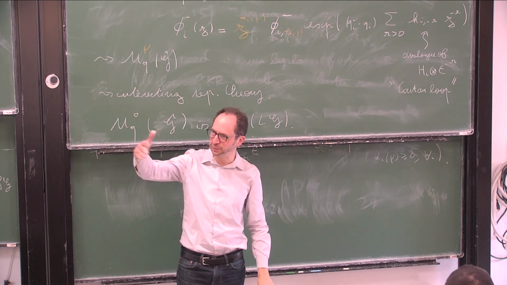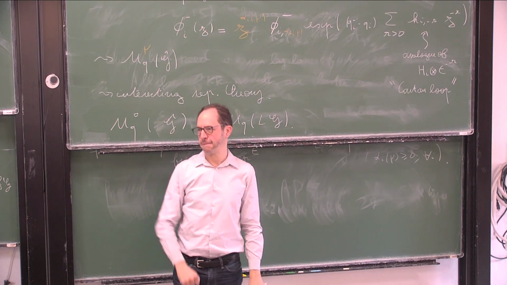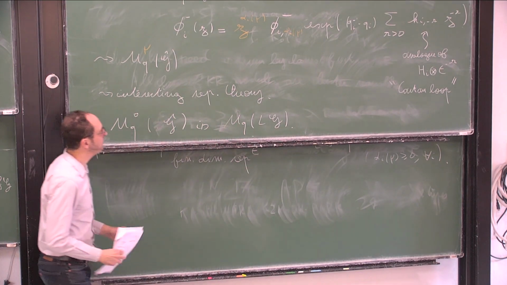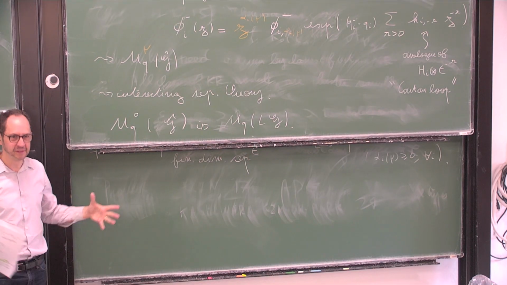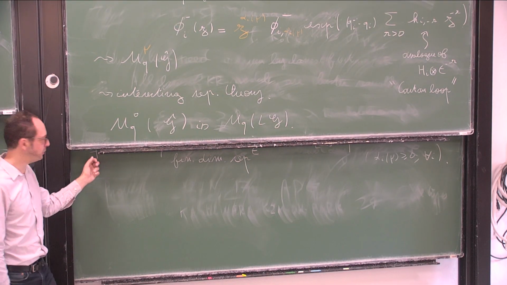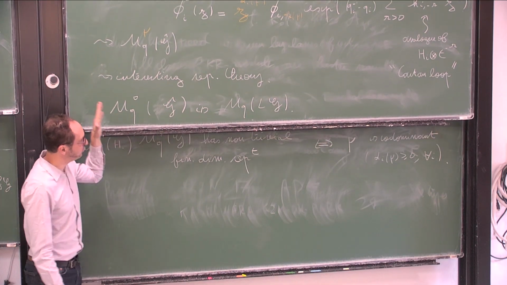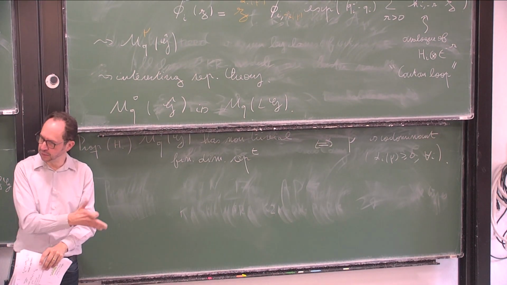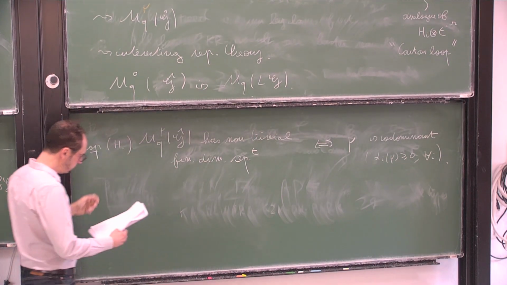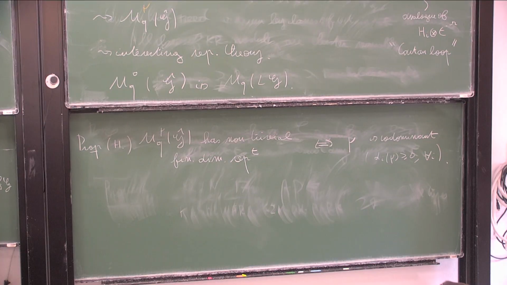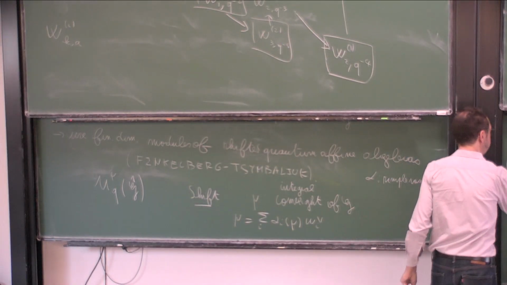So it starts with a positive power of z. So in some sense, it's larger. So there are some finite dimensional modules.